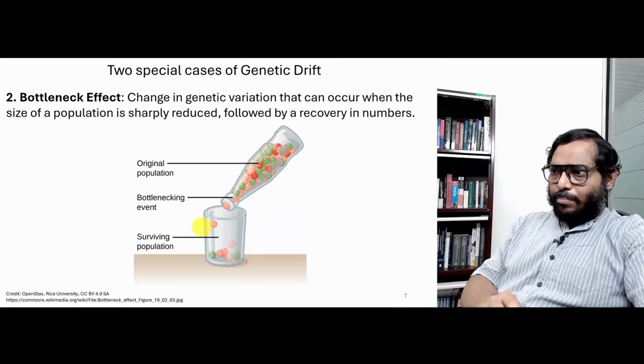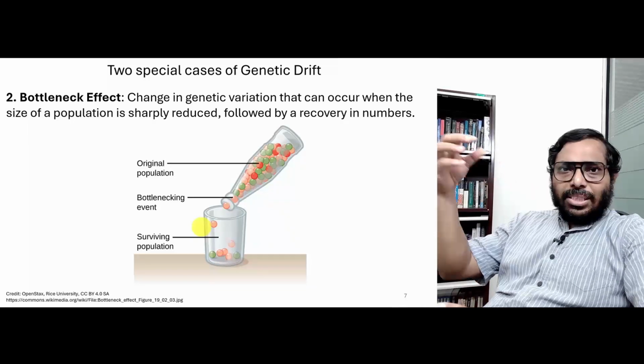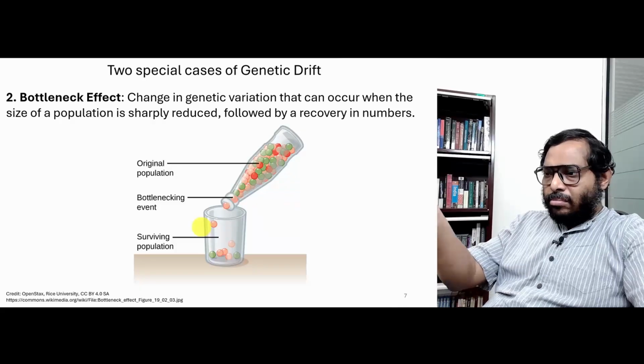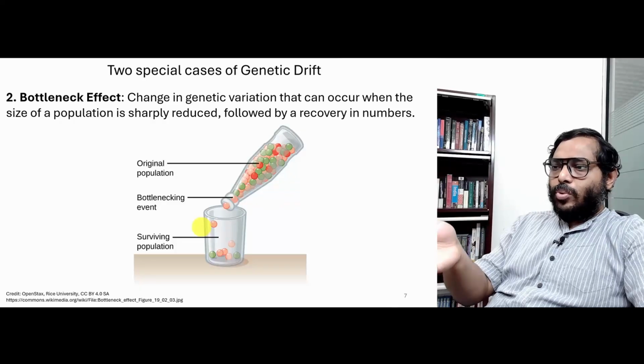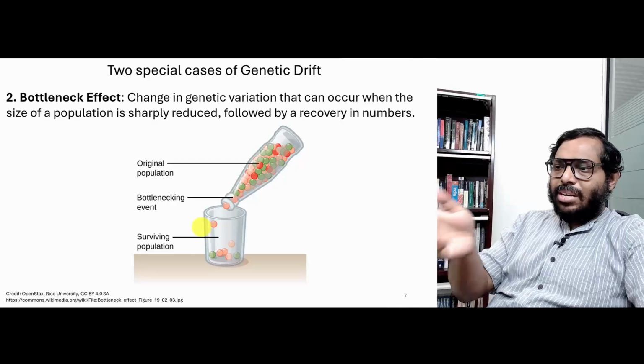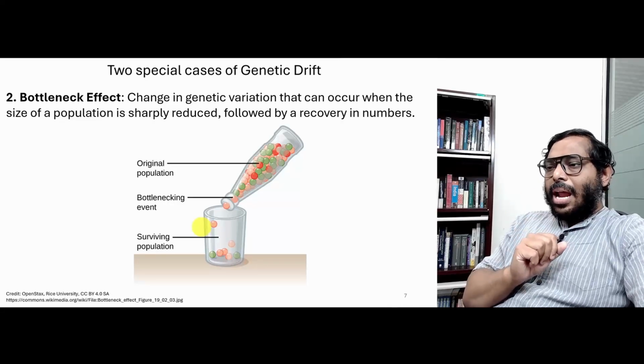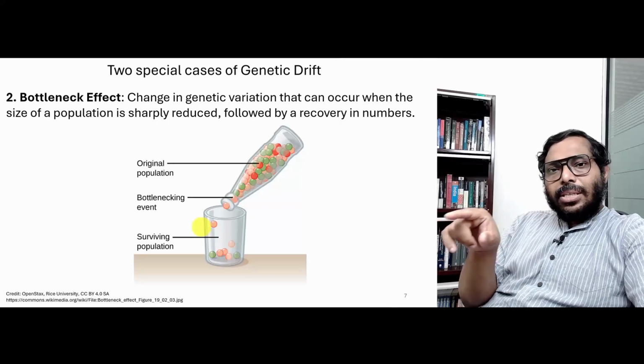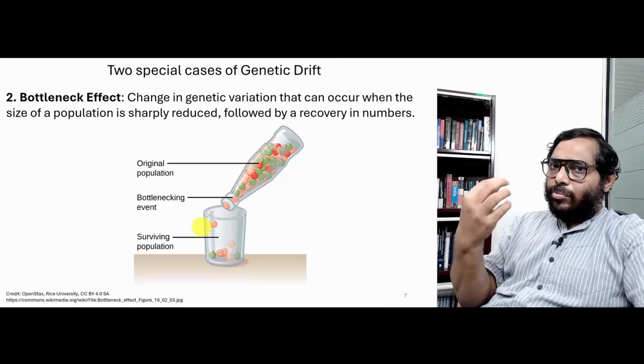So, just to give you an example, suppose you think about the ancestral population as a bottle full of 3 different colors of marbles, green ones, orange ones, and deep orange ones and light orange ones. And let us assume that the population size has shrunk, which is represented by the narrow neck of the bottle.